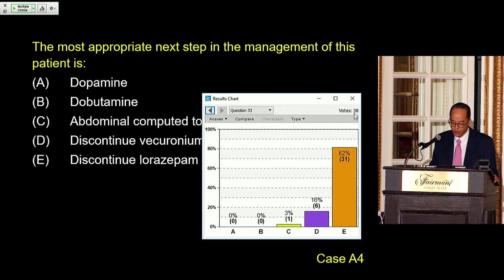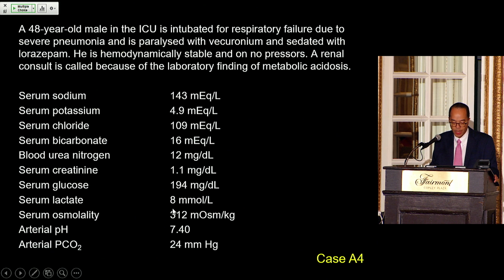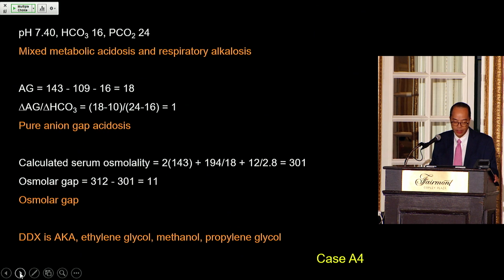Excellent. So most of you chose E, which is the correct answer, discontinue the lorazepam. This is a patient that most likely has propylene glycol poisoning, which causes a lactic acidosis, so that's why the lactate is elevated, and causes an osmolar gap, so that's why the serum osmolality is elevated.